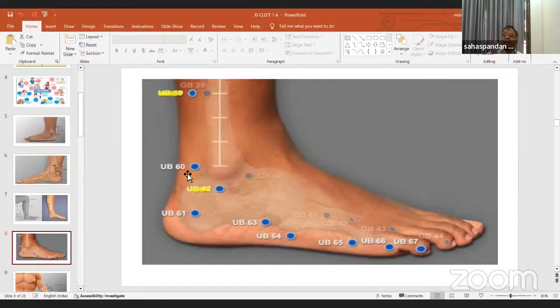Xi-Cleft points in general are indicated in the treatment of acute conditions and pain, while the Xi-Cleft points of the yin channels have an additional action of treating disorders of the blood.